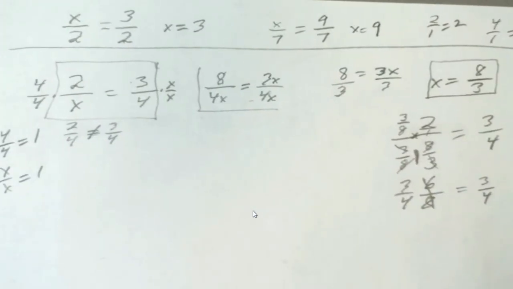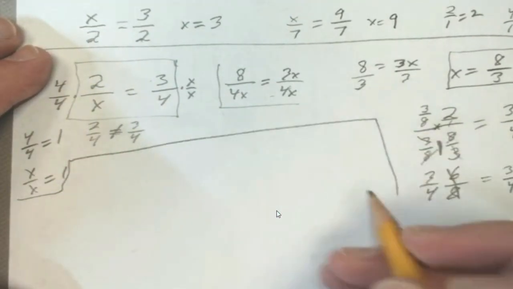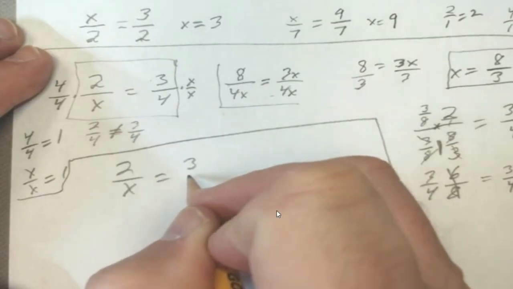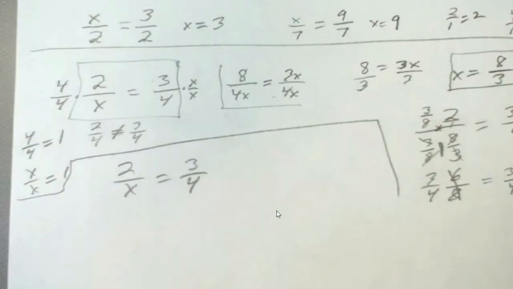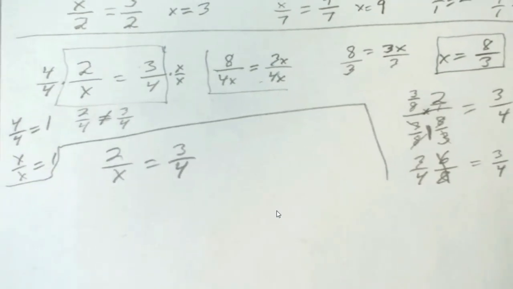Now, I told you there was a shortcut. There is a shortcut because if we have, I'm going to box this out, 2 over X equals 3 over 4. Okay, there's something that students love to do all the time when they see something like this, and sometimes that doesn't work mathematically.